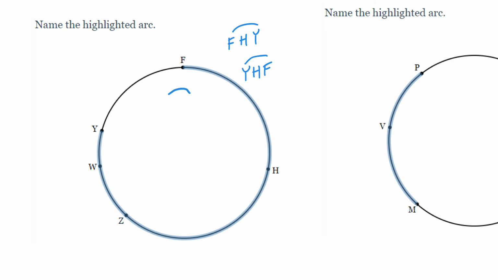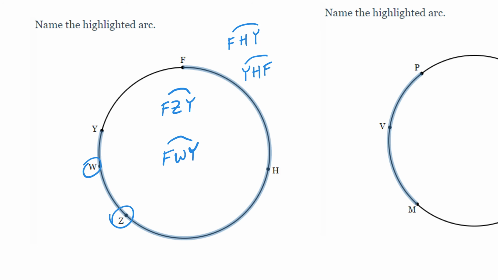So the other thing we could say is arc F passing by Z going to Y. And we could also say arc F passing by W going to Y. These are all appropriate names for this arc. We cannot just say YF. We have to tell us the direction in which we are going.